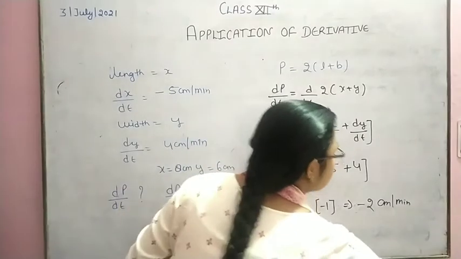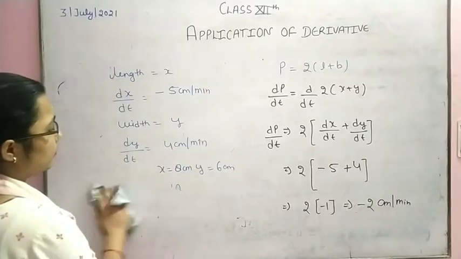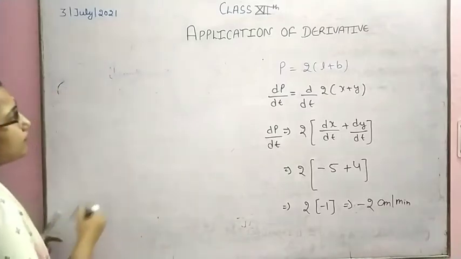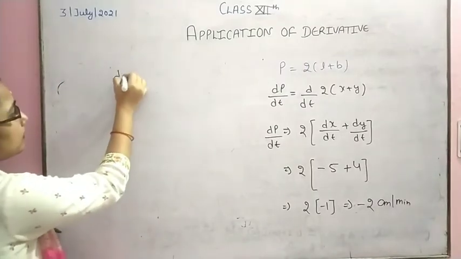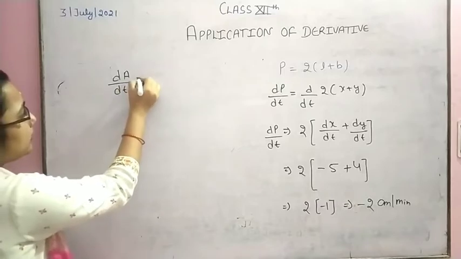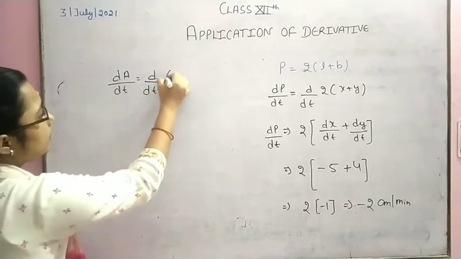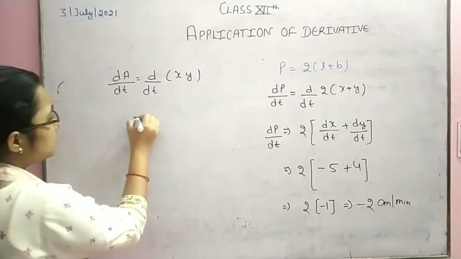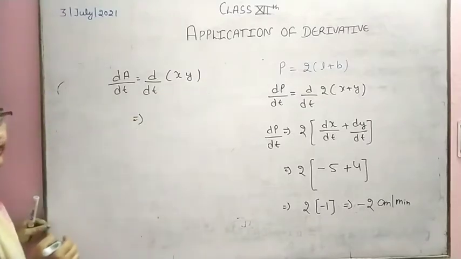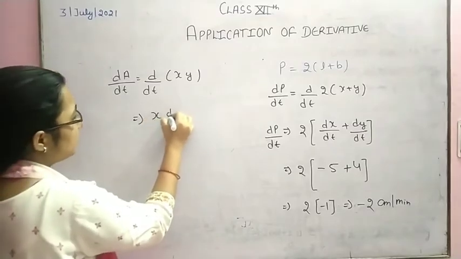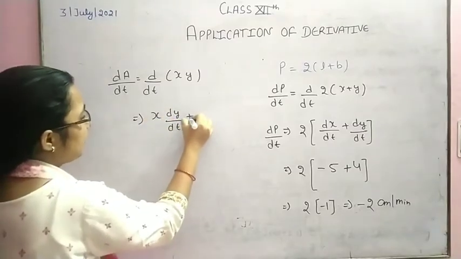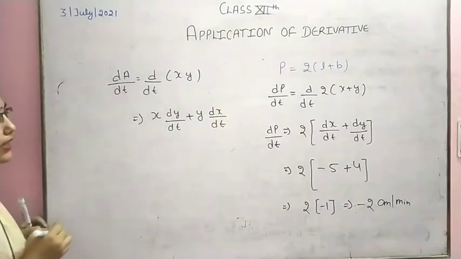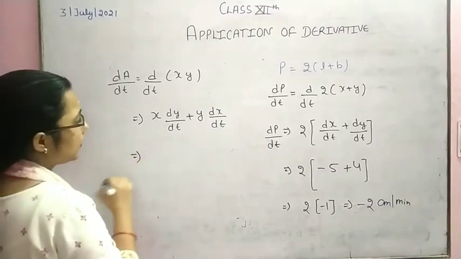Now come to the next, rate of change of area, dA/dt. We know that the area of a rectangle is x into y, that means length into breadth. Just differentiate it by applying the product rule: first function times the derivative of the second function, plus second function times the derivative of the first. Now put the values of x, y, dy/dt and dx/dt.